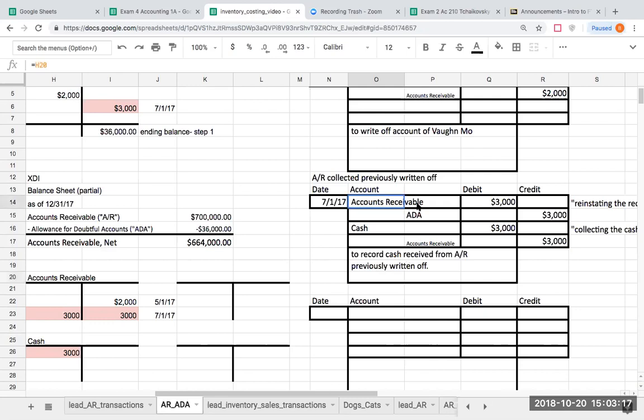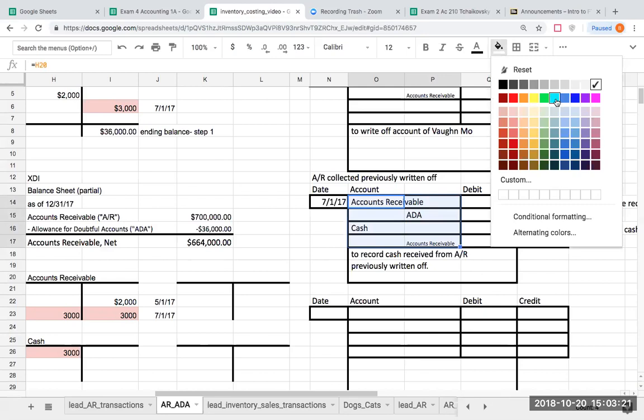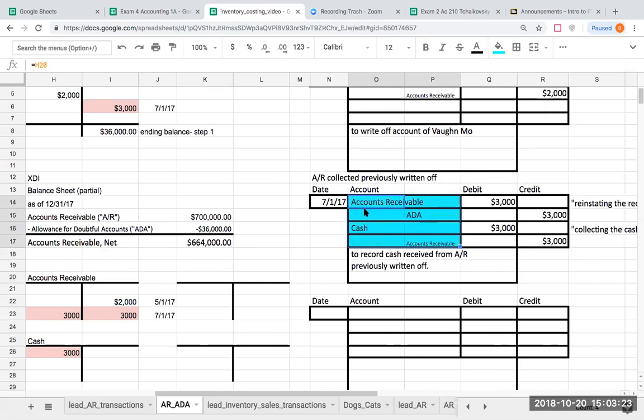So right here, what I'm highlighting here is the same form of journal entry that we always use to show accounts receivable that are collected that have been previously written off.